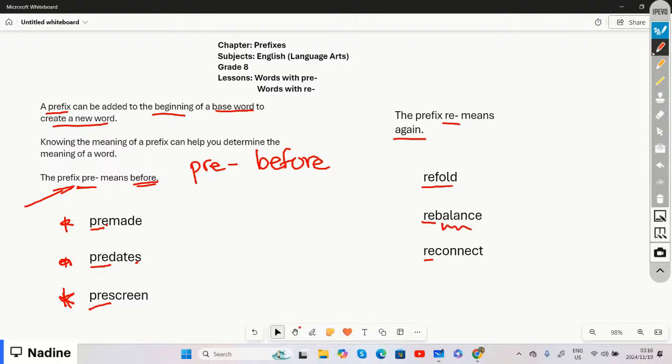Rebalance. Remember the word re already means again.